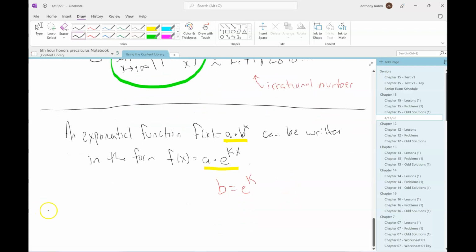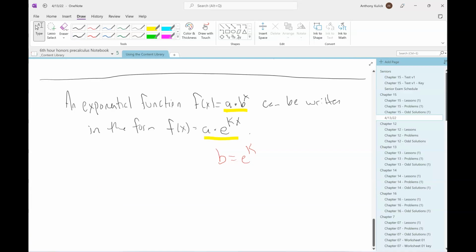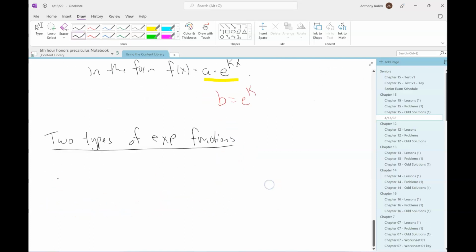Okay. So we have two different ways that we can write an exponential function. Really, we classify these exponential functions into two types. So we call these guys growth and decay.